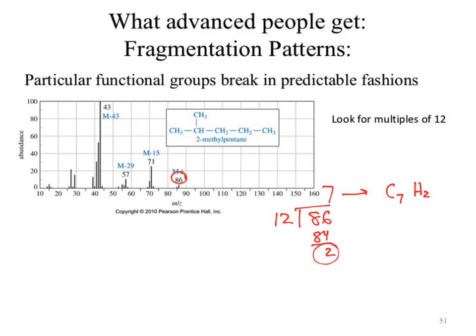That is a valid formula. Is that a likely formula? No. So what can I do? I can take away one of those carbons to make it a 6. That mass of carbon becomes hydrogen. I can add 12 and I get C6H14. Is that the molecular formula of 2-methylpentane? Yay! And why is that extra cool and I spent all that time?